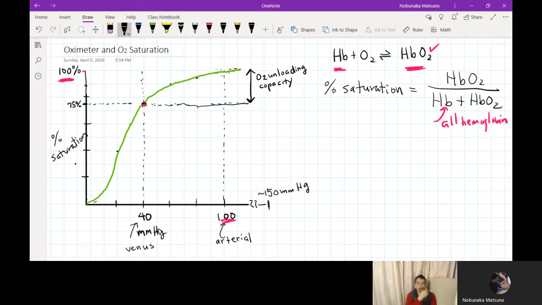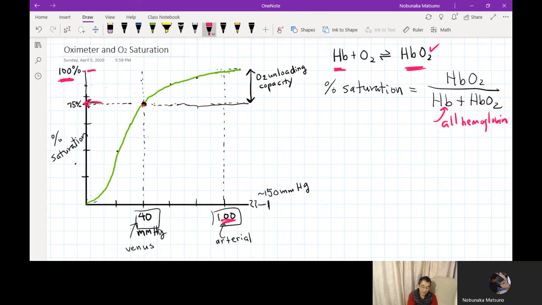And then it goes all over the body and unloads the oxygen. When it comes back, it carries about 40. So it goes somewhere between 40 and 100 under normal circumstances. When you have 40 millimeters of mercury, you still have almost 75% of the hemoglobin bound with oxygen.